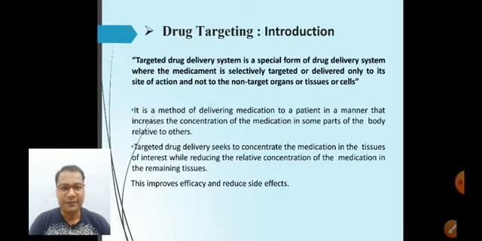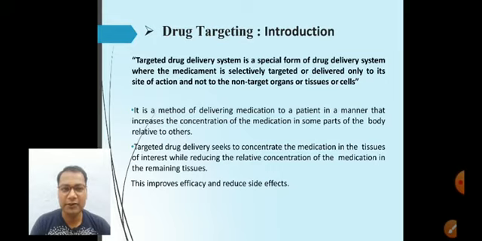Drug targeting. A targeted drug delivery system is a special form of drug delivery system where the medicament is selectively targeted or delivered only to its site of action and not to the non-target organs, tissues or cells.